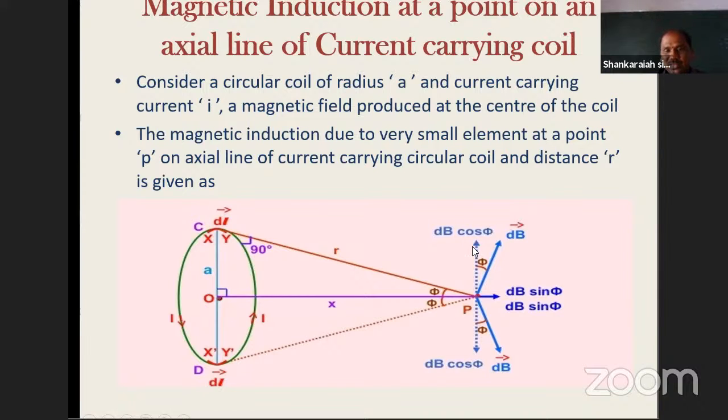The dB can be resolved into two perpendicular components. Any vector making some angle can be resolved into two perpendicular components. The horizontal component is dB cos phi. The vertical component is dB sin phi, which is parallel to the axial line, acting along the axial line.